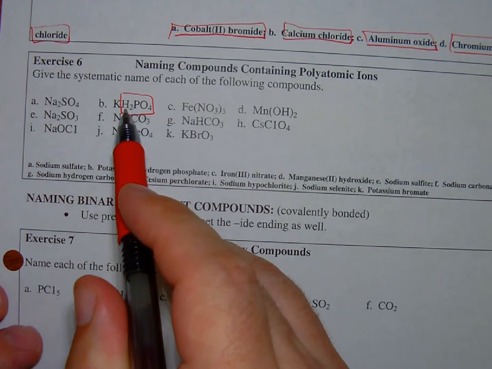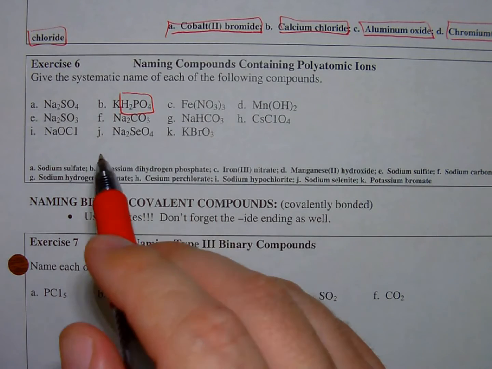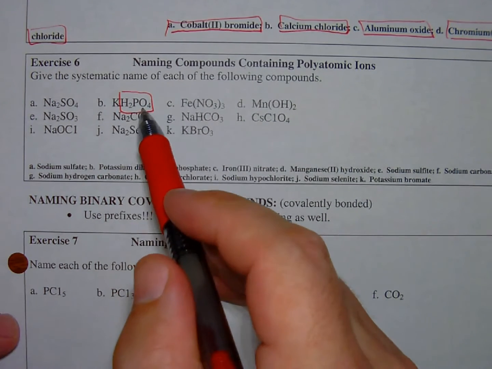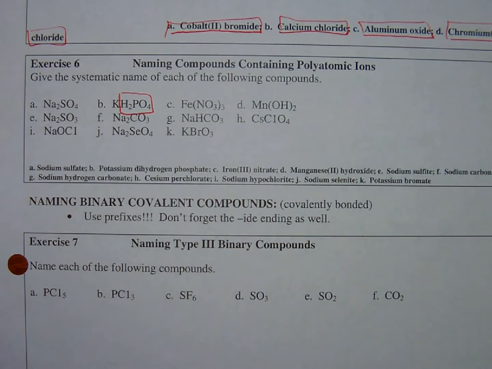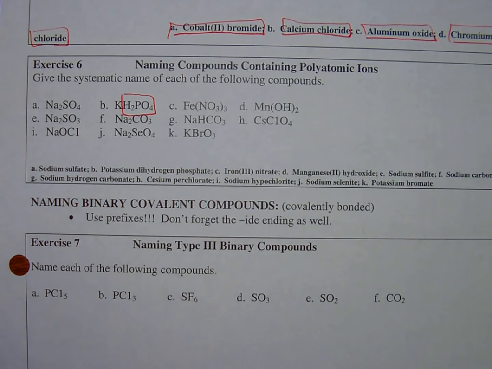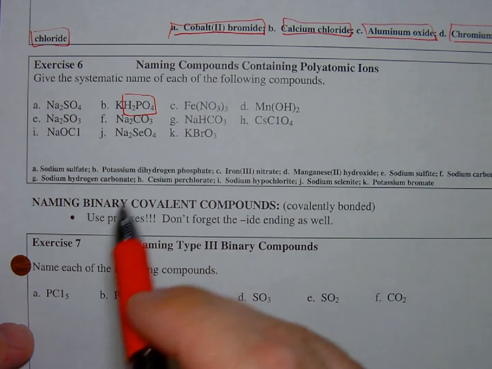Remember, hydrogen is a non-metal, even though it's over in group 1A. And so the name of this polyatomic ion is dihydrogen phosphate. It's the phosphate with 2 hydrogens, so dihydrogen phosphate. What's the metal? What's the cation in front of it? Potassium. So the full name is potassium dihydrogen phosphate.